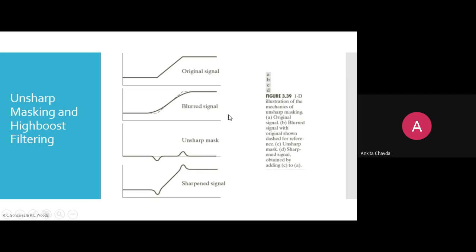So what you do is, this is your original, this is your blurred, and when you take the difference, this is your unsharp mask that you add to the original one. So here you have sharpened these edges. It will sharpen the higher transitions, higher intensity values, not the middle area, only edges.